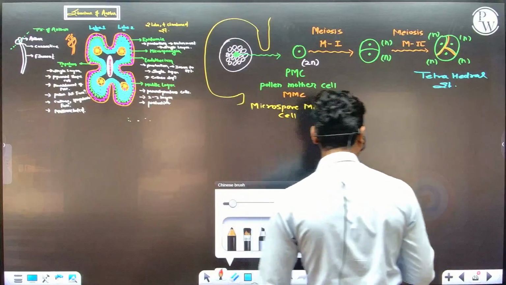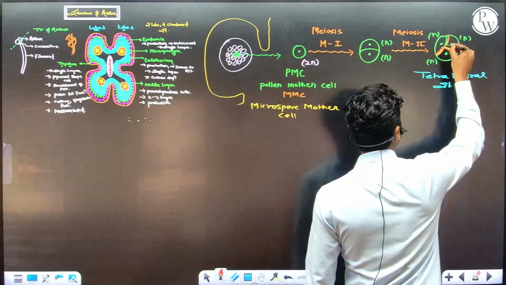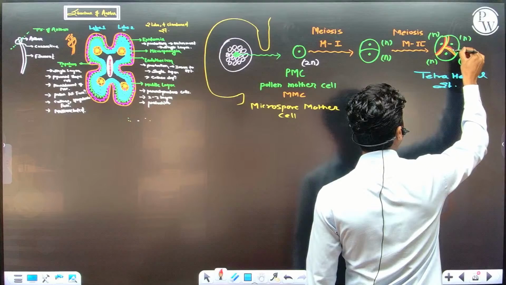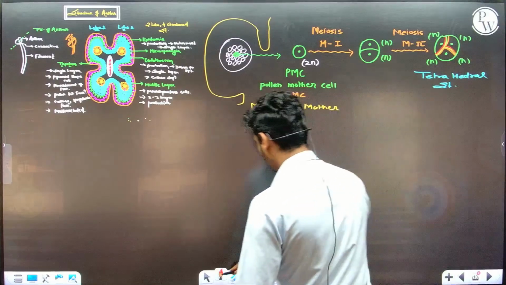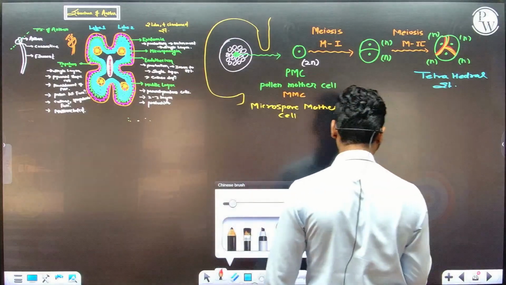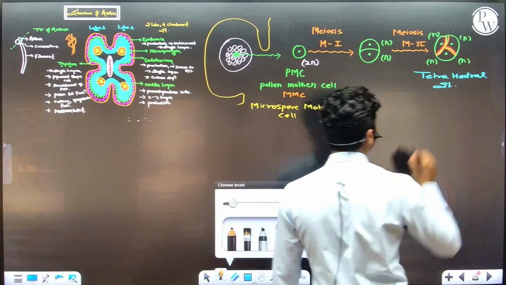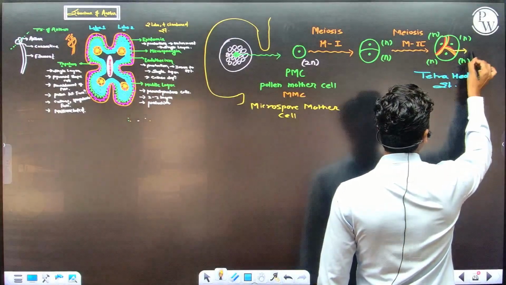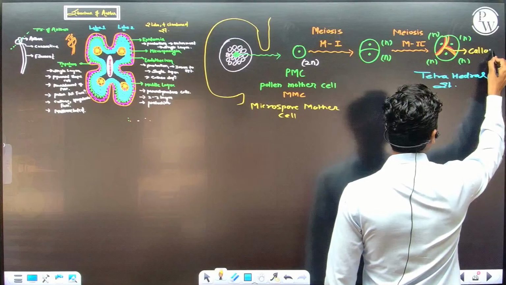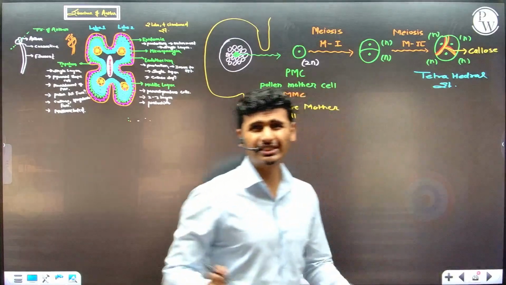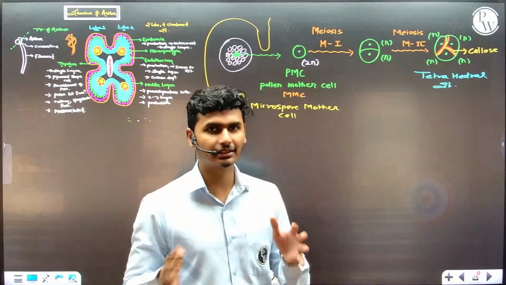This substance is known as callose, and callose is a tough substance. It acts like a glue here.